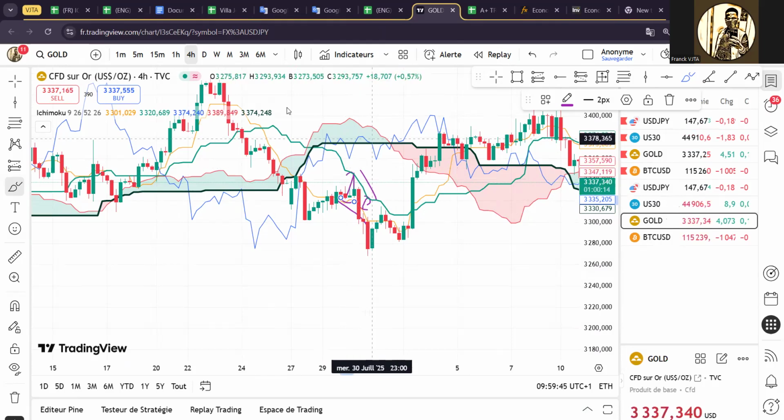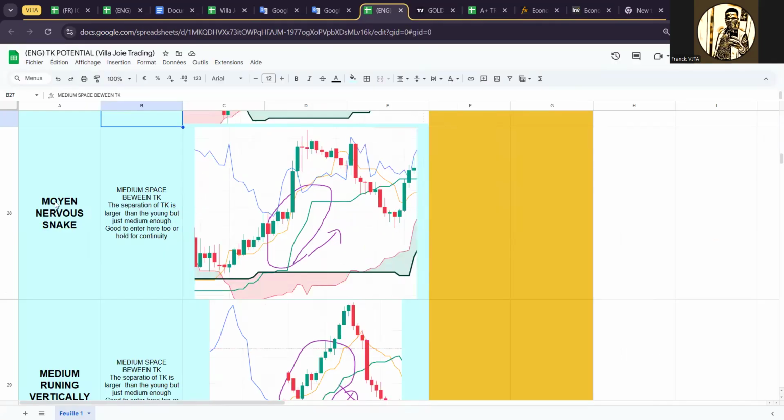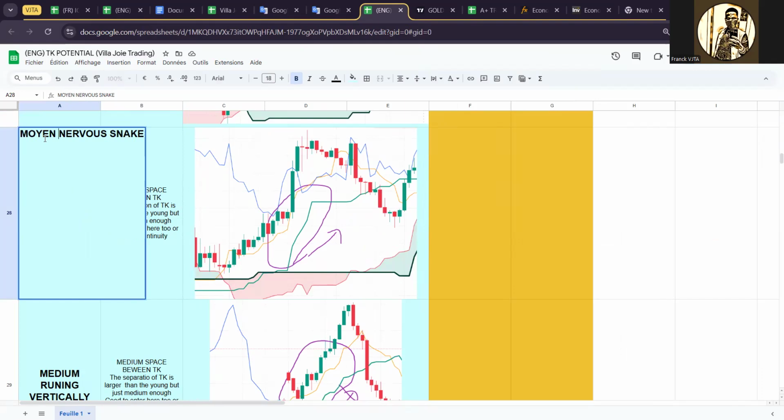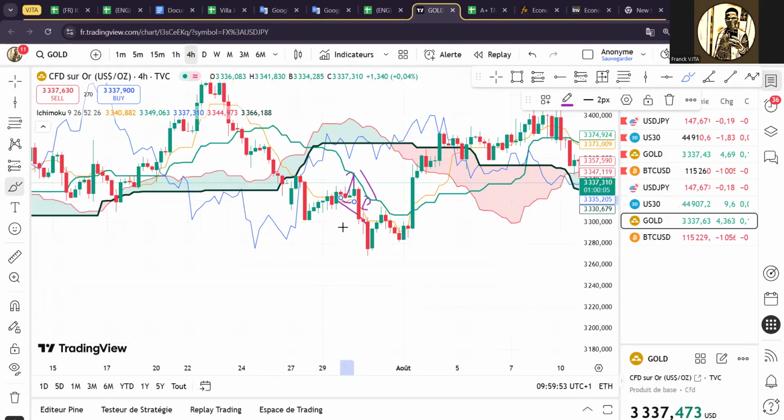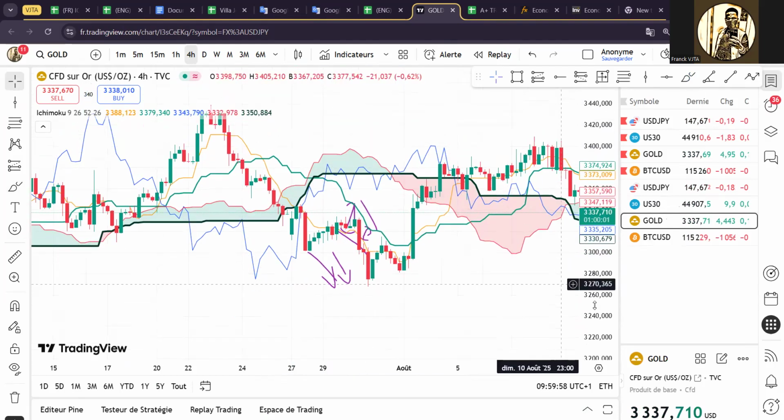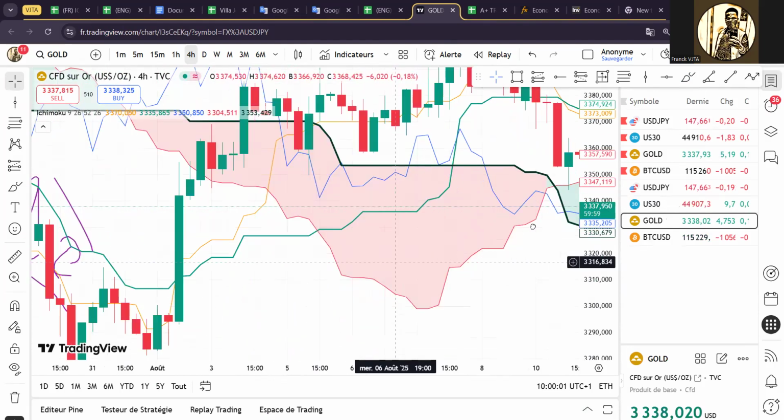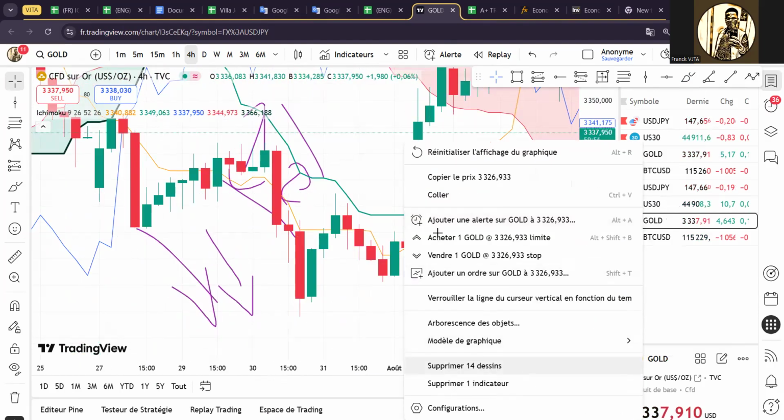And that's when you have the medium nervous snake. Nervous snake just means that Tenkan and Kijun are both looking down, both inclined to the downside, both bended down. That's what I call nervous snake.